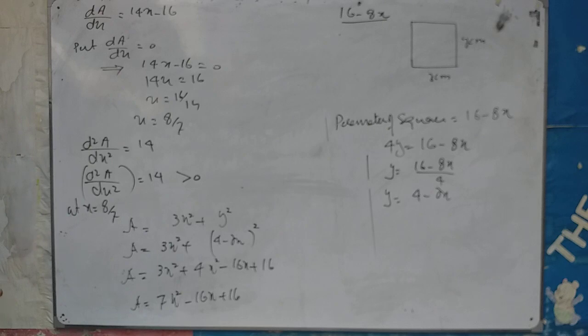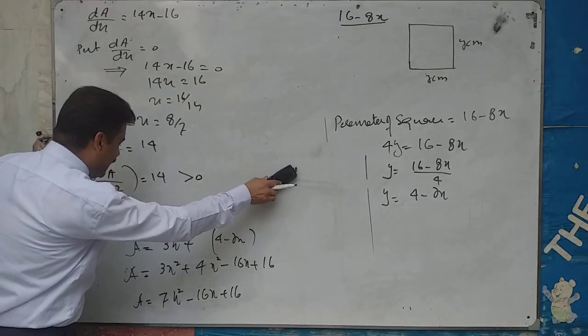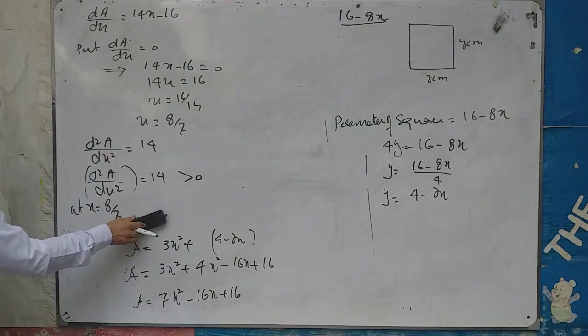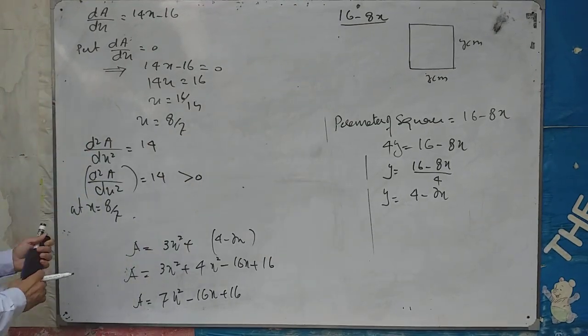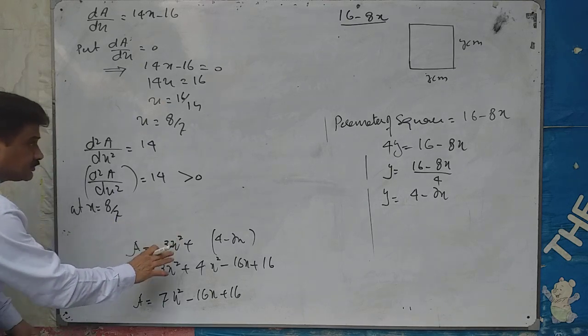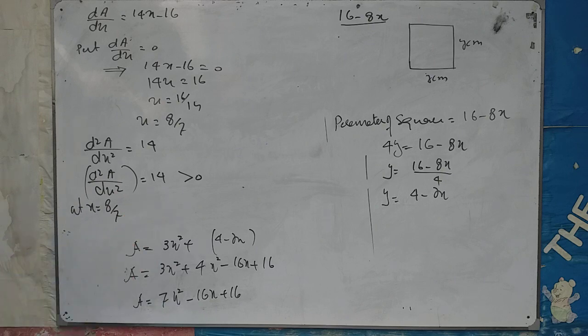We can say that x is equal to 8 by 7 is a minimum point and it will give the minimum area of both rectangle and square.